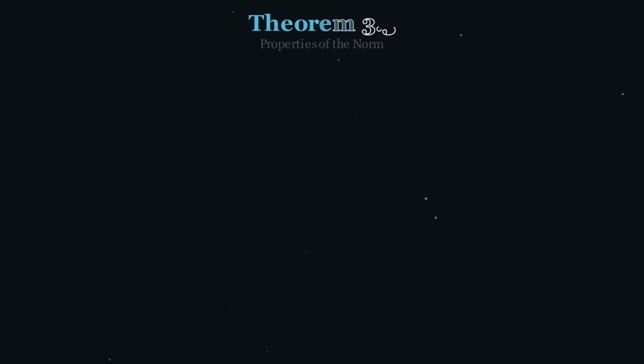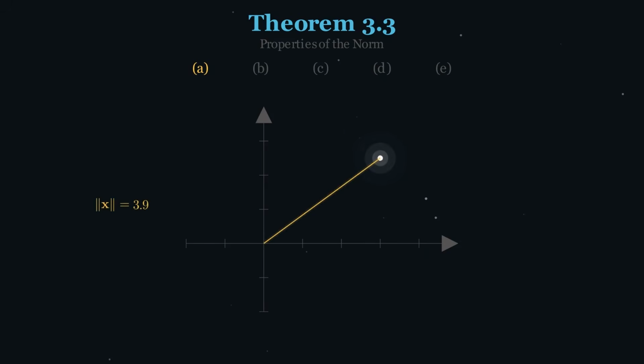Now, Apostol immediately proves 5 properties about this norm, and honestly, each one makes total intuitive sense. Theorem 3.3 says, let x and y be points in Rn. Then, part A, the norm of x is always greater than or equal to 0, and it equals 0 only when x is the 0 vector.